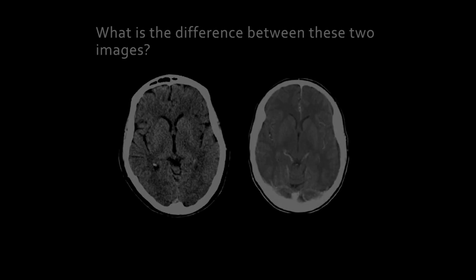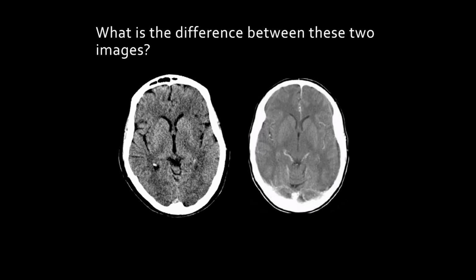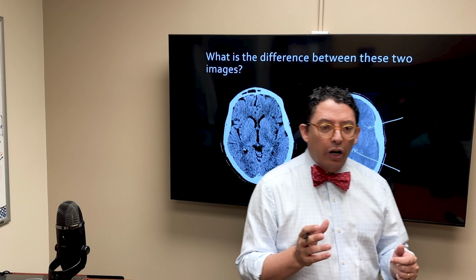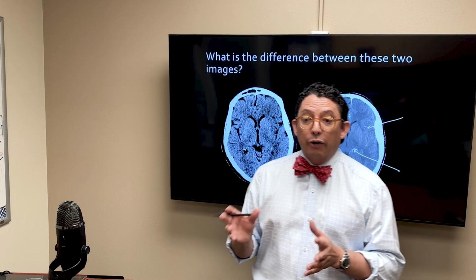So what is different between the left and the right image? Correct. You see these squiggly structures, and you see brightness right there that you couldn't see in the image on the left. So what makes the image on the left and on the right different?